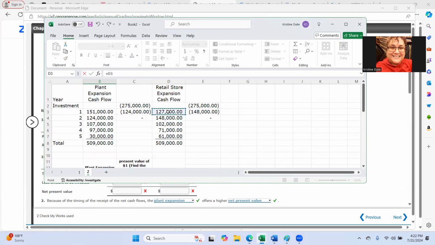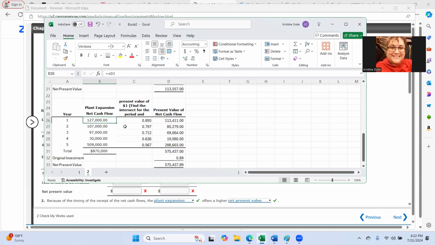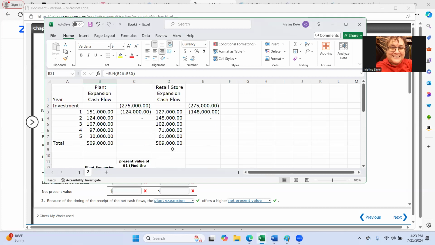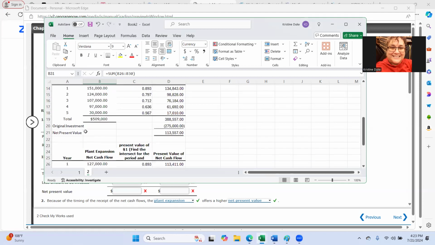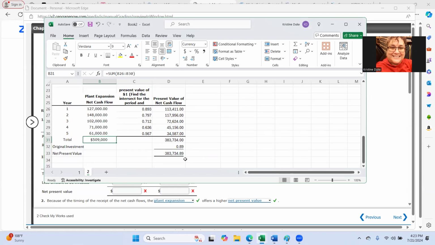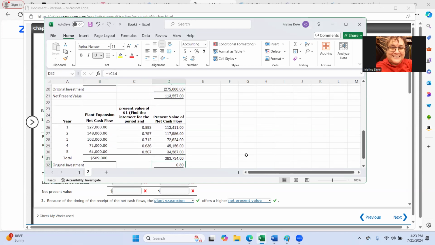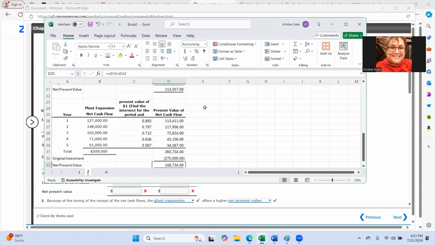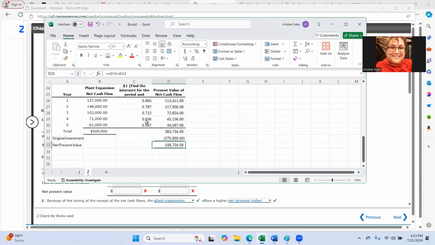So I have to fix that, 127. Drag that down. That makes them go and find those references. My 509. Let's go look up here. 509, 509, 509. I'm going to have to change out those factors, and I'll do that in just a second after I get this one in there. Okay.